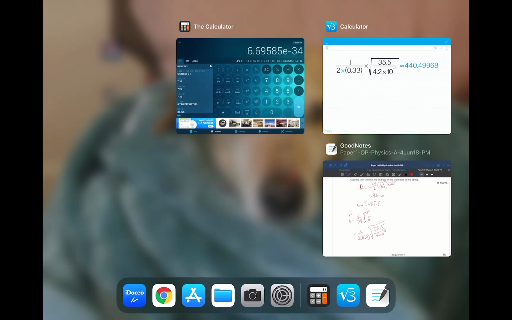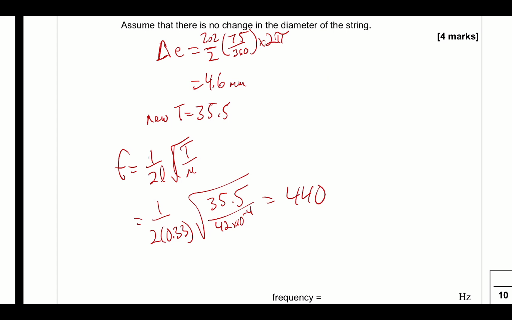That gives 440 hertz. Okay, so 440 hertz.